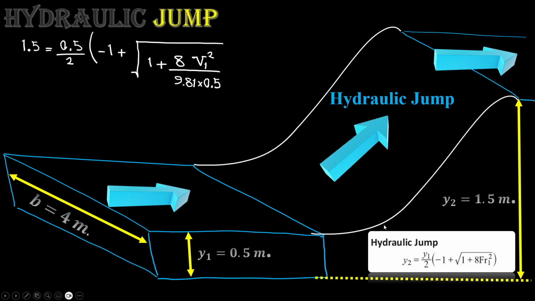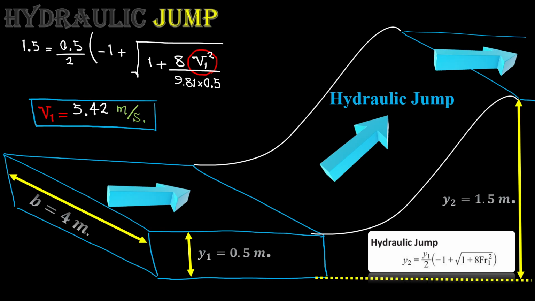The only unknown in this equation is V1. And if you solve the equation for V1, it gives you V1 equal to almost 5.5 meters per second.